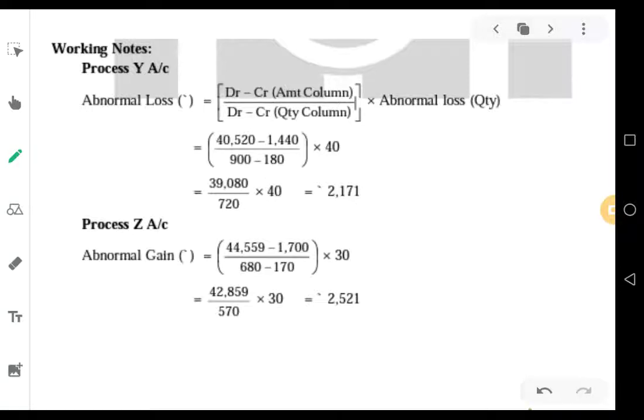When you divide this, you will get abnormal loss value per unit. That amount should be multiplied with 40 to get the total value of abnormal loss. Why are you multiplying with 40? Because 40 is the abnormal loss units.